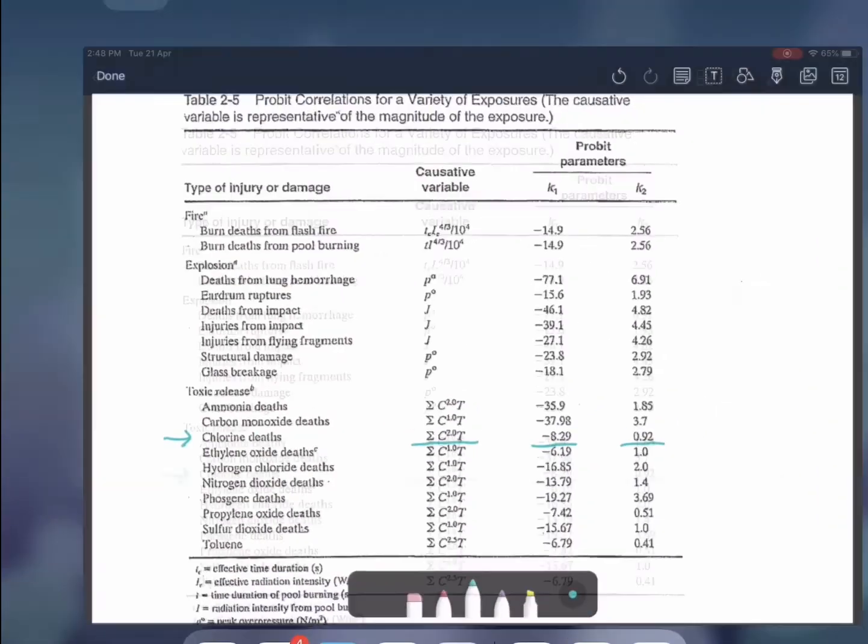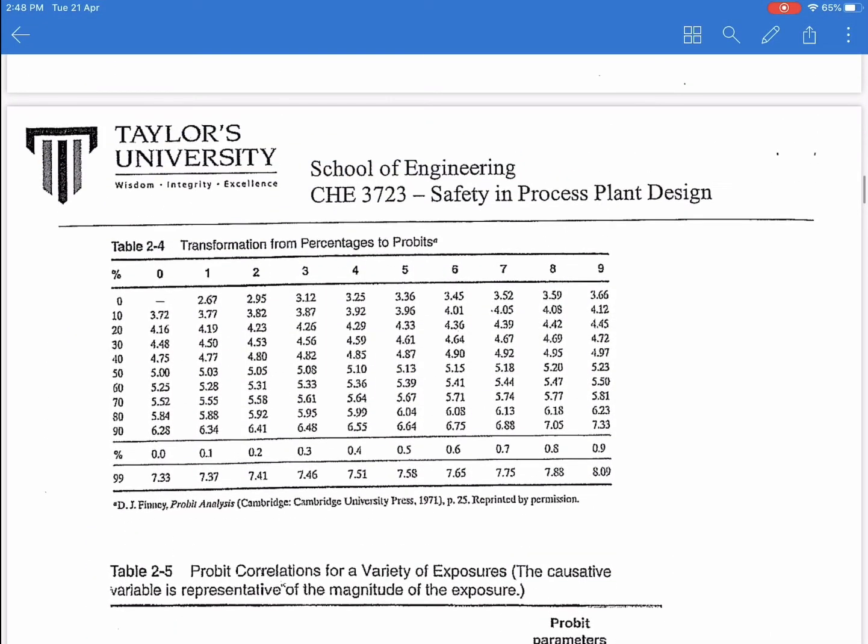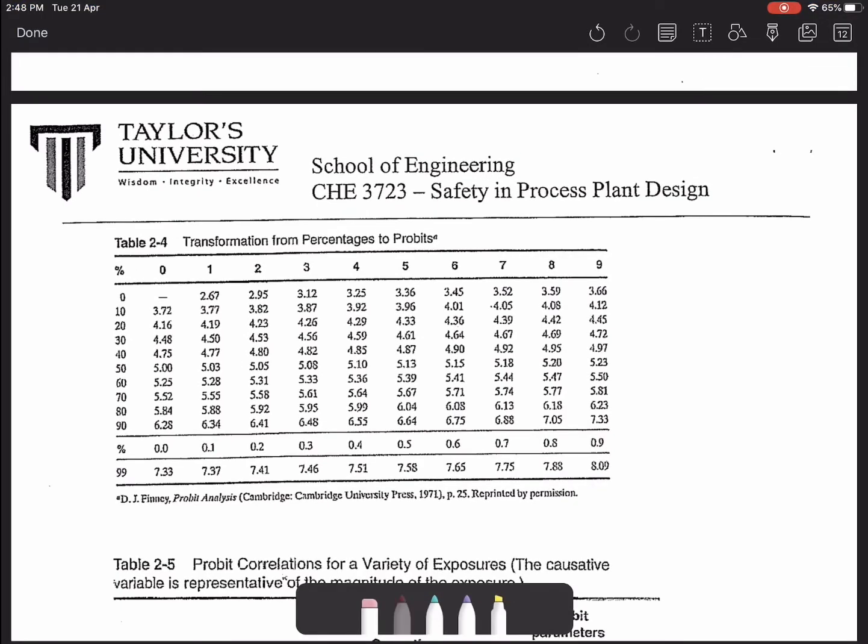So let's come back here. We have values 4.01 here and 4.05 here, so we have to interpolate between these two. It is between 16 and 17%, so roughly about 16.5%, since it's right in the middle.